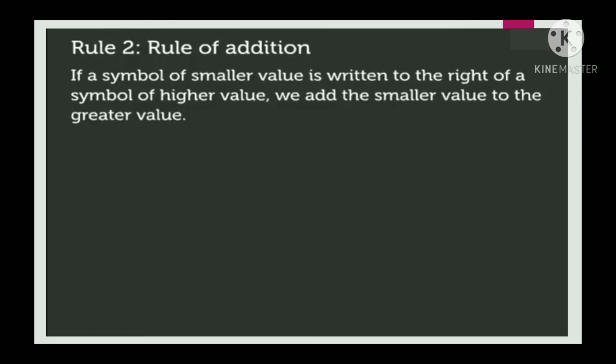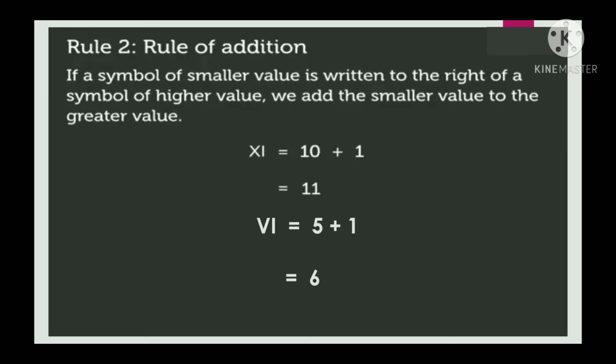Now let's see the second rule, which is rule of addition. If a symbol of smaller value is written to the right of the symbol of higher value, we add the smaller value to the greater value. Let us consider a number XI.